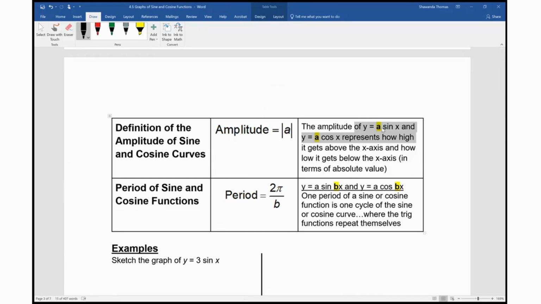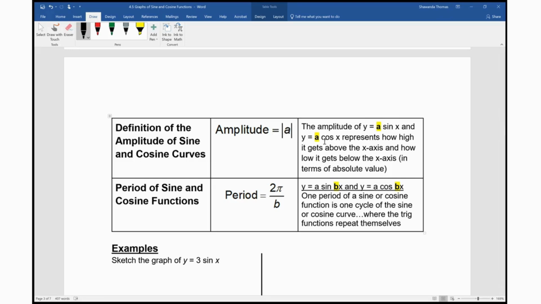Sort of like a coefficient in a regular function, not a trig function. So the amplitude is the absolute value of that. It tells us how high it gets above the x-axis and how low it gets below the x-axis.